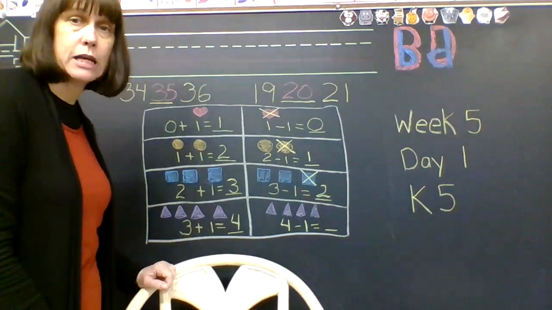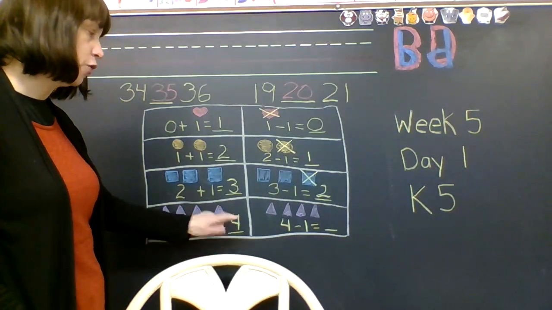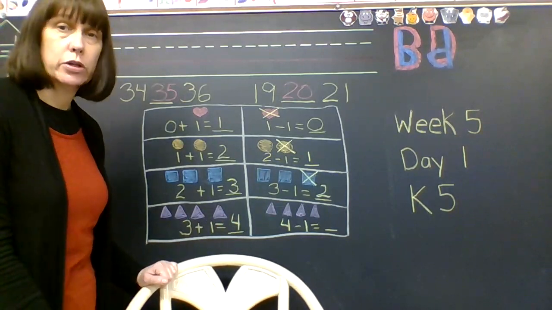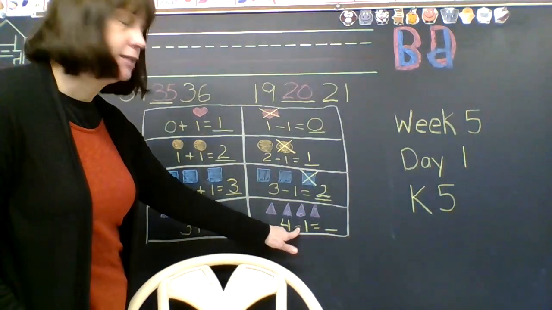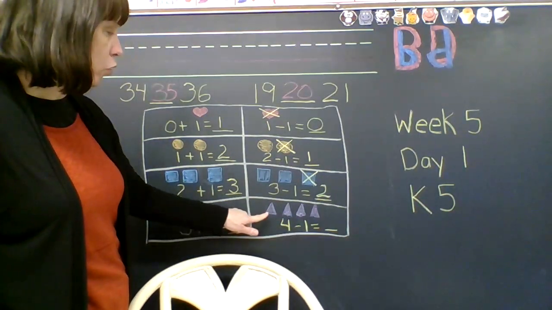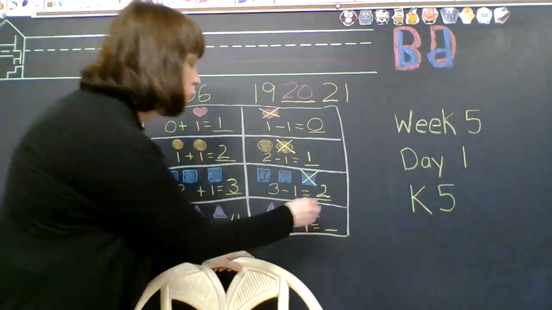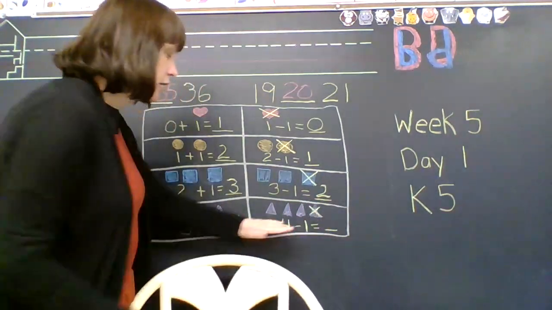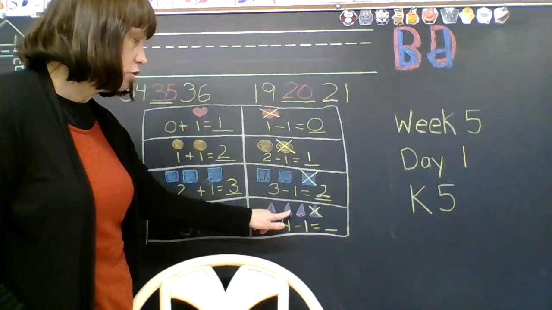Say that with me. 3 plus 1 equals 4. Very good, boys and girls. Now, the subtraction problem. We have the minus sign, so we know it's subtraction. All right, we have 4 blue squares. 1, 2, 3, 4. Minus 1 equals how many left? How many are left? 1, 2, 3.